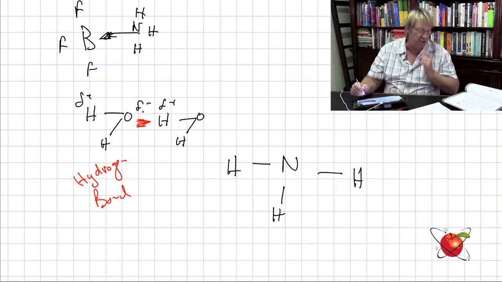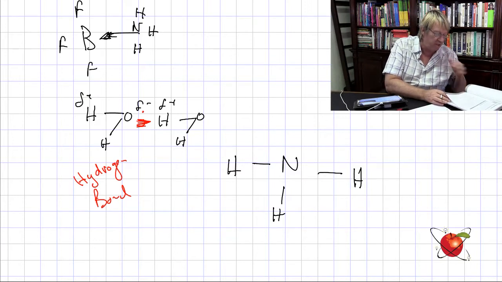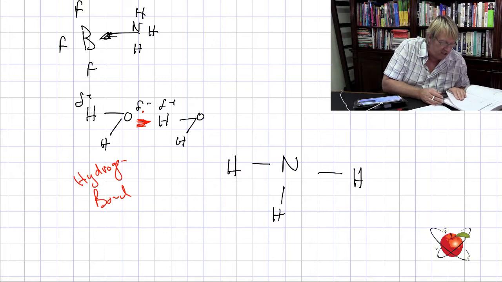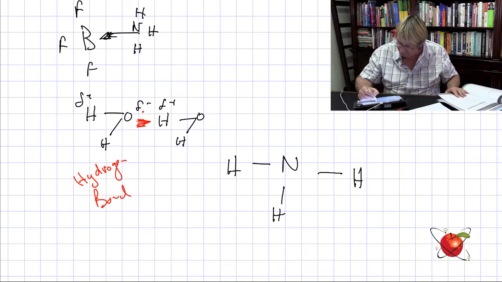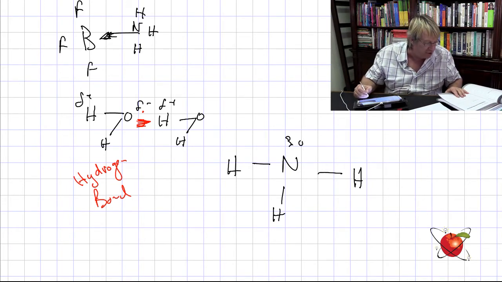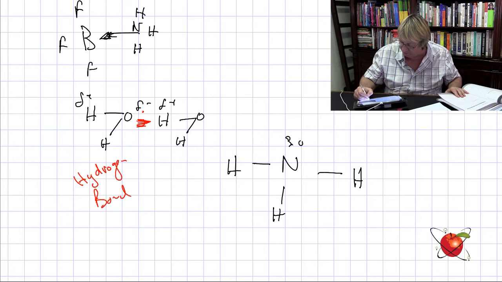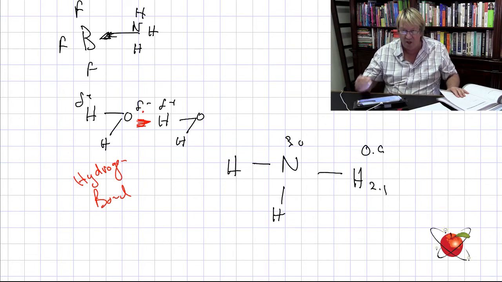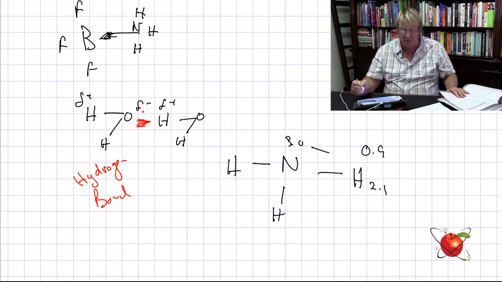Well, N and an H, let's have a look at the electronegativities of those guys. Nitrogen is 3 and hydrogen is 2.1. So 3 minus 2.1 is 0.9. Difference in electronegativities, remember?